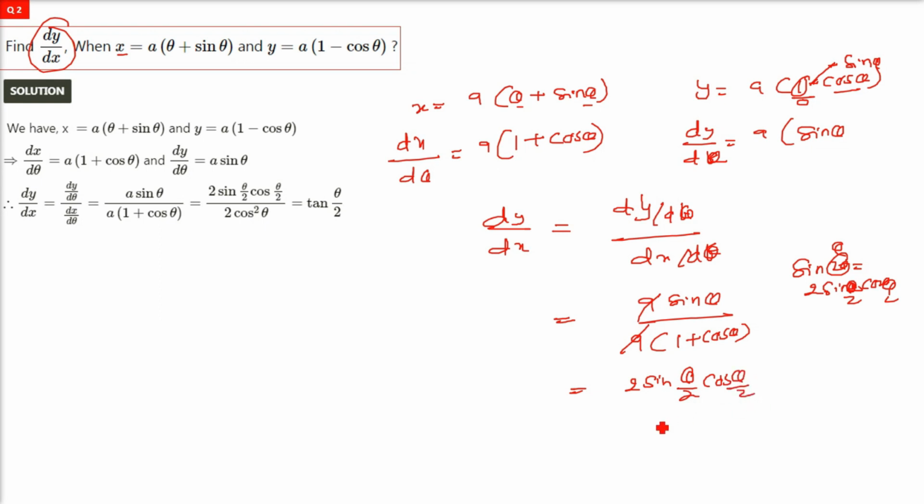In the denominator, 1 plus cos theta is 2 cos square theta by 2. Now you can cancel the 2 and one cos. Ultimately you get sin theta by 2 over cos theta by 2, which is tan theta by 2, and that is the final result.